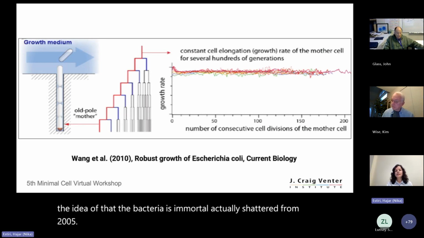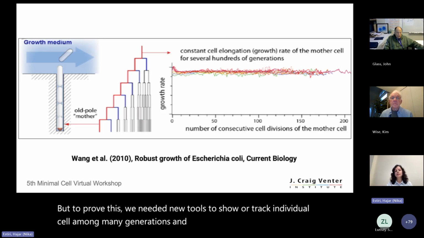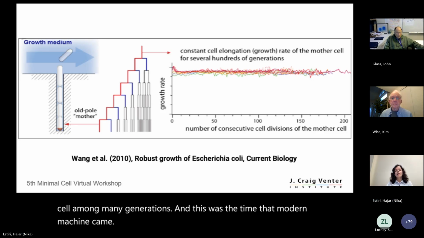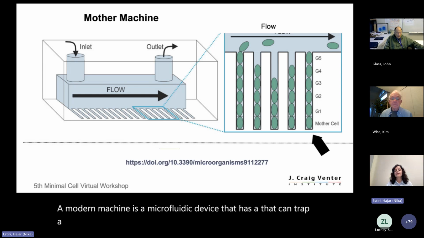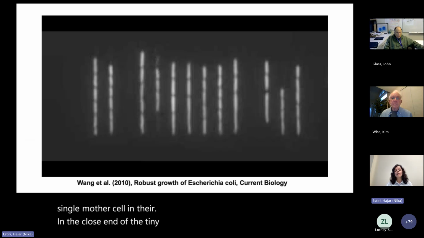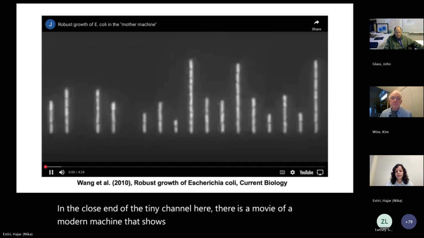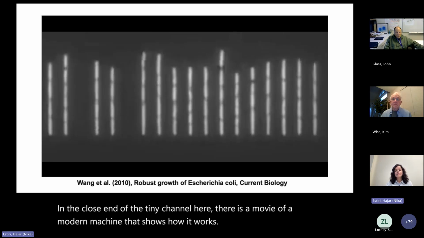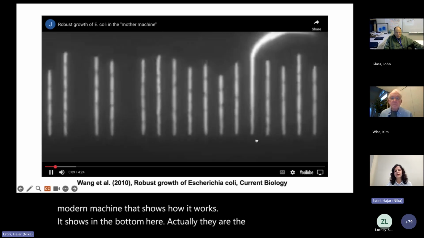But to prove this, we needed new tools to track individual cells across many generations, and this was when the mother machine came in. A mother machine is a microfluidic device that can trap a single mother cell in the closed end of a tiny channel. Here is a movie of a mother machine that shows how it works. At the bottom is the closed part where the mother cells are trapped.